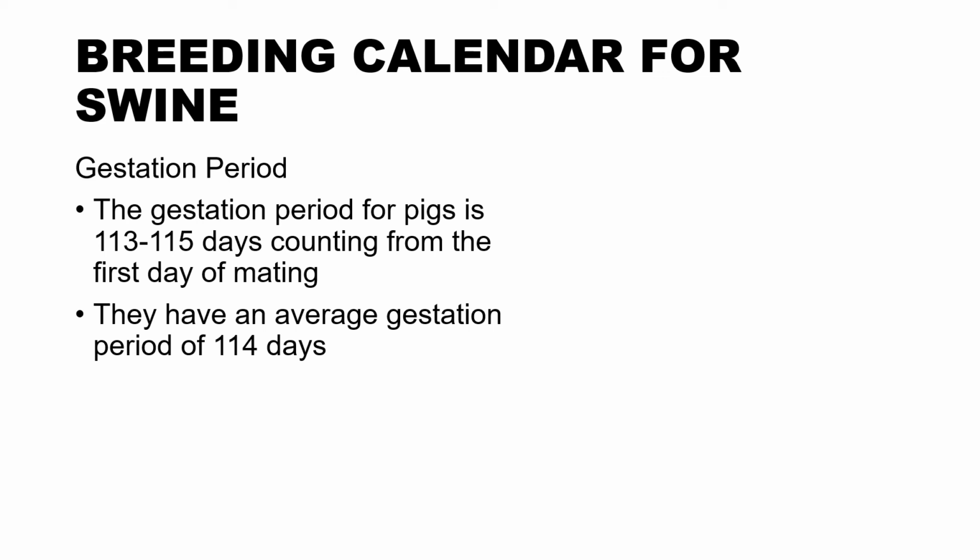So as early as 113, the pig can already farrow, or as late as 115, that's when the pig will farrow. The counting of the gestation period is from the first day of mating. So meaning, if you mated this morning, then that's when you start counting the gestation period. The gestation period averages around 114 days.